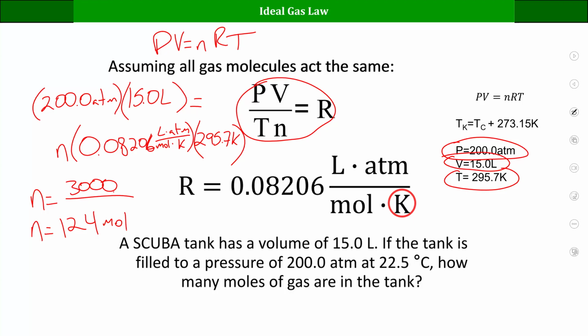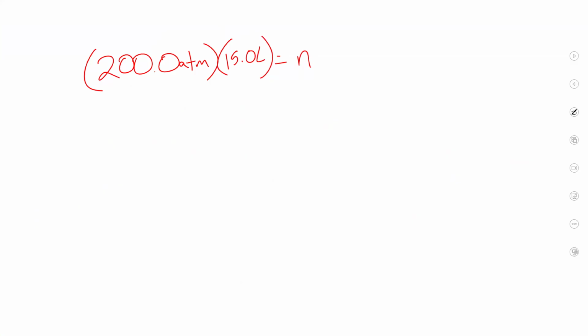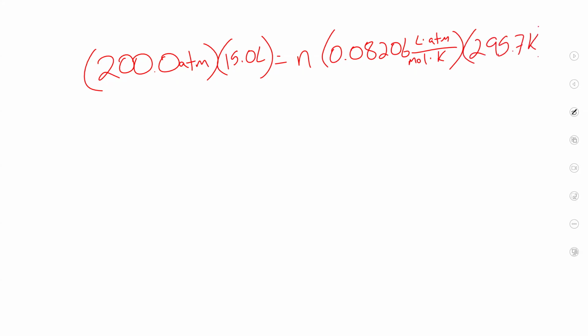All right, let me wipe this out and I'll show the algebra for it, because that'll help us with the units too. 15.0 liters equals moles of what we're solving for, times 0.08206 liters ATM per mole Kelvin, times 295.7 Kelvin.